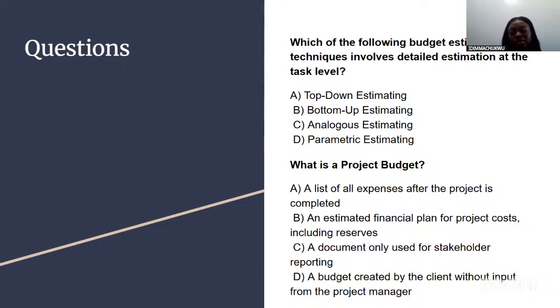The last one says, what is a project budget? Can anyone help us? I believe it would be B, because it is an estimated financial plan for project cost. Yes, you're right.